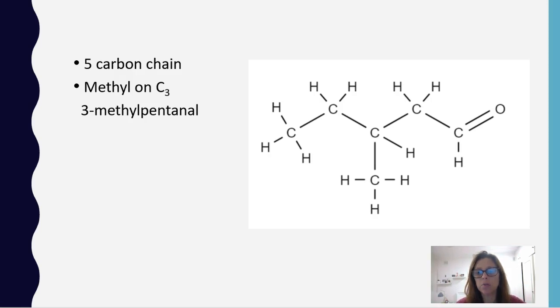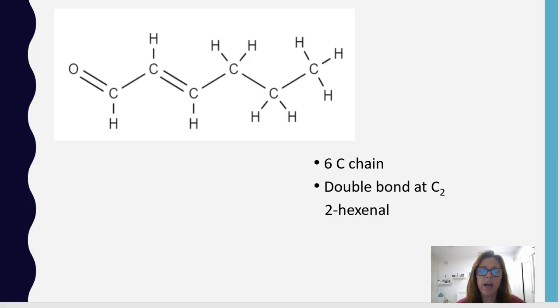Our C double bond O is on the end, so it's a pentanal group. And then we have here our methyl group. Now we number with the carbonyl group as being the lowest, so this will be our C1 here. So 1, 2, 3, it's a 3-methylpentanal.